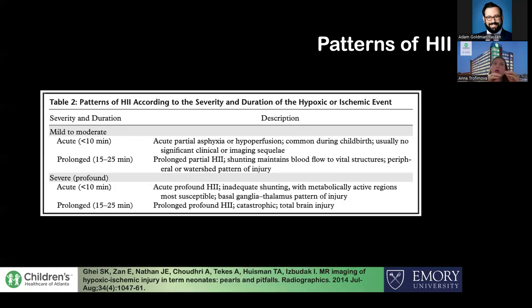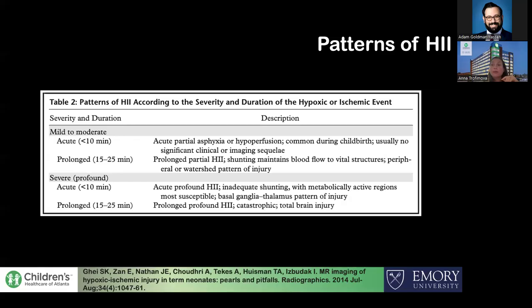In order for mild to moderate hypoxia or ischemia to result in brain injury, it needs to be prolonged enough, which usually means between 15 to 25 minutes, or the hypoxia or ischemia needs to be severe. In that case, the pattern will be different depending on whether we're talking about short or more prolonged intervals of severe hypoxia or ischemia.